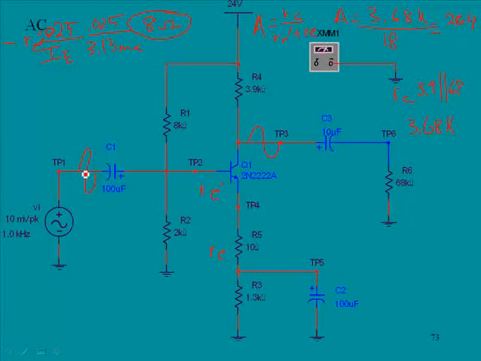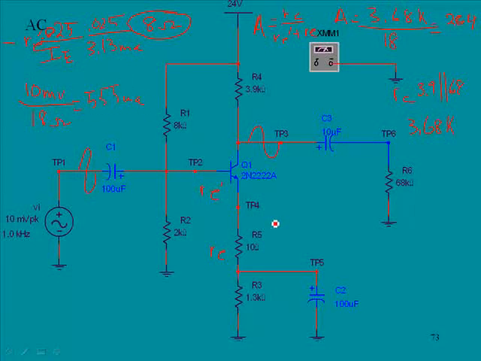So here we have this 10 volt peak signal. It is applied across the emitter and the biasing, or the RE here. If we have the input, we have 10 millivolts, and it is going to be dropped across the 18 ohms, and this would result in a current of 555 microamps.